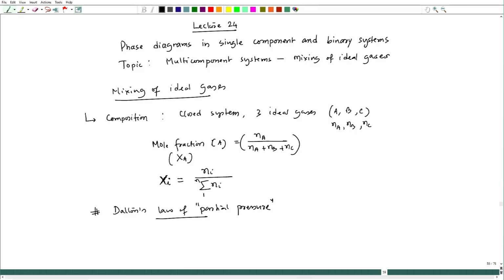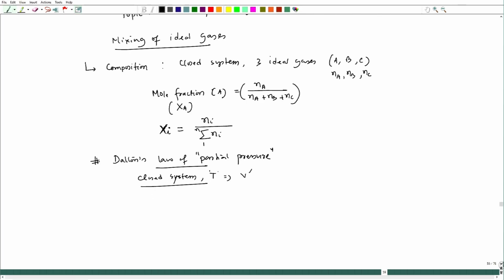It says that if we consider a closed system at fixed temperature, where the volume is V prime, then I can find out what the partial pressure contribution to the total pressure will be.